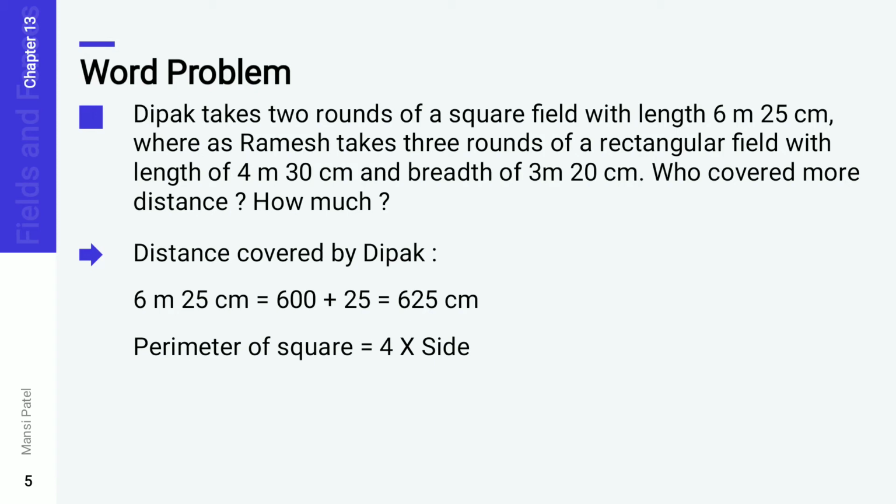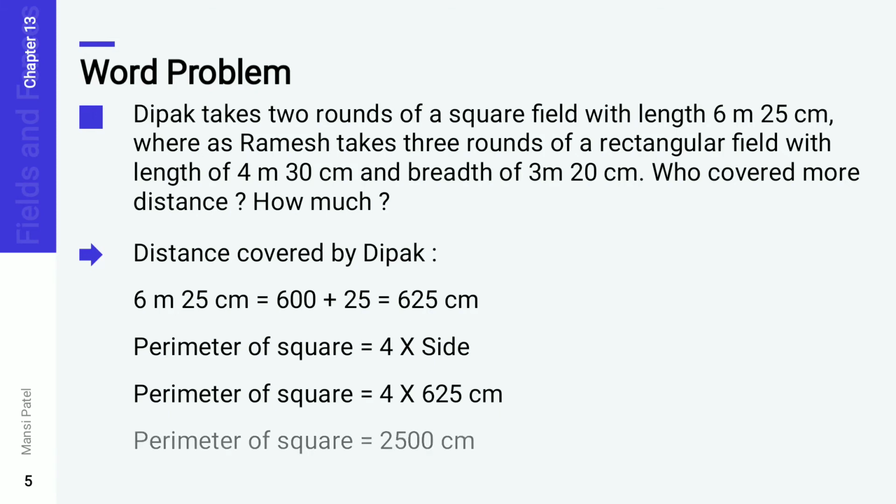So perimeter of square is equal to 4 multiplied by side. So here we have to multiply 625 by 4, which is equal to 2500 centimeter.